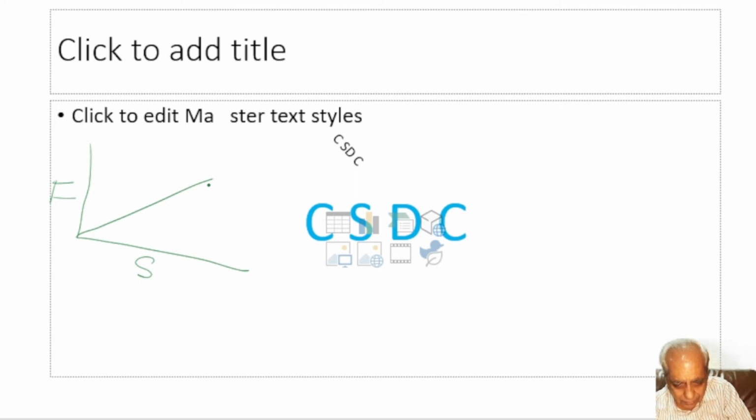Then if I want to know the work done, from this end point you draw a perpendicular to the displacement, and the area of this triangle gives the work done. So the area under the curve and the x-axis gives the work done.